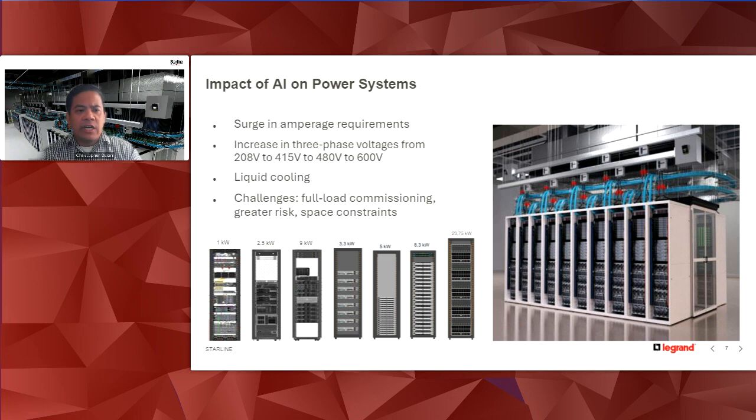And then the third bullet here is liquid cooling. As we're seeing the power demands increase, we're seeing the cooling methods also change. Liquid cooling has become much more of a popular way to cool in these containment units and as part of the power chain. Historically, we've seen hot cold aisle containment, various methods of air cooling within the data center.